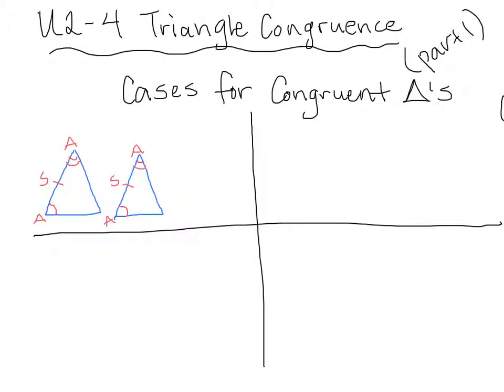That is all we need to prove that these 2 triangles are congruent. If those 2 angles are the same measure and the side in between them, this is the angle, side, angle case. So if that's the information you're given, you would say ASA, or angle, side, angle.